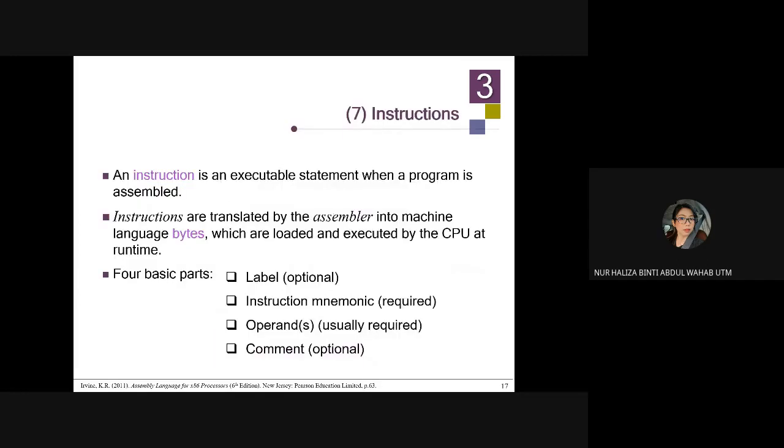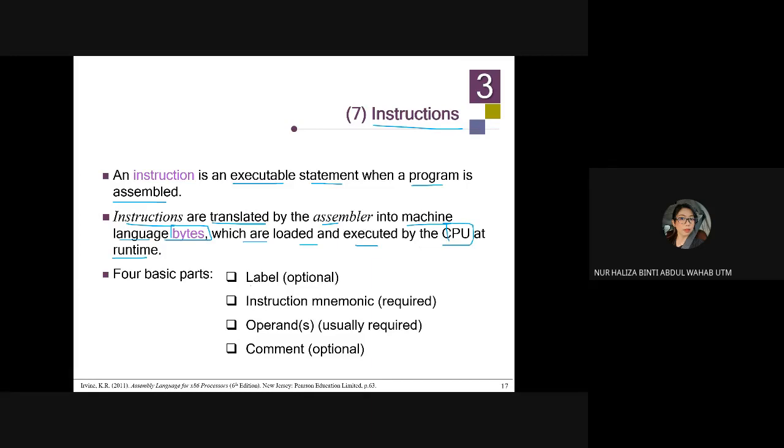After this, you're going to see another example when you look into instruction. An instruction is an executable statement when a program is assembled. Instructions are translated by the assembler into machine language bytes, which are loaded and executed by the CPU at runtime.